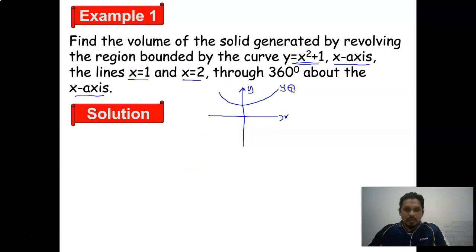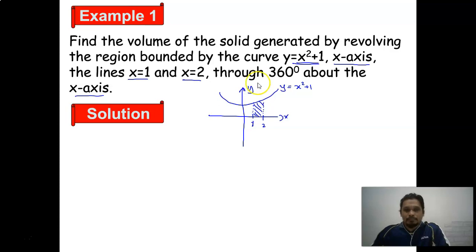And the lines x equal to 1 until x equal to 2 here.